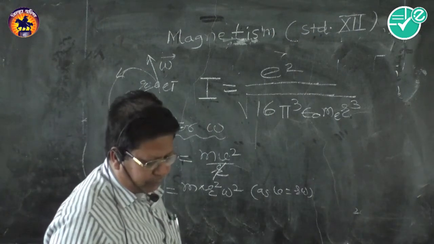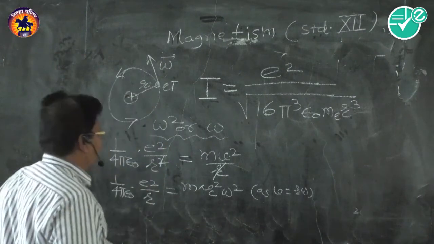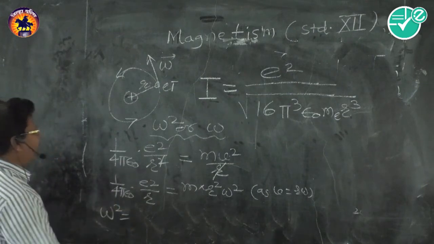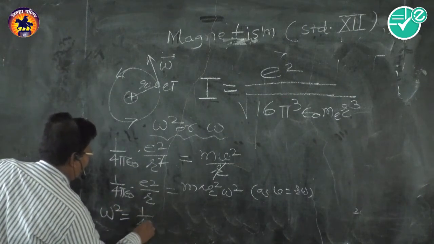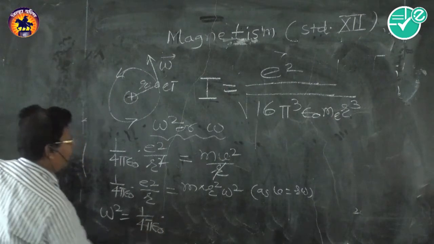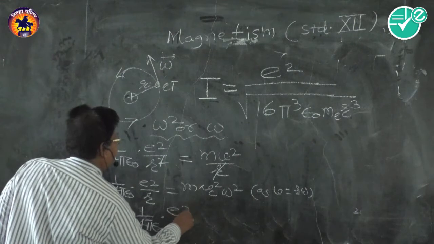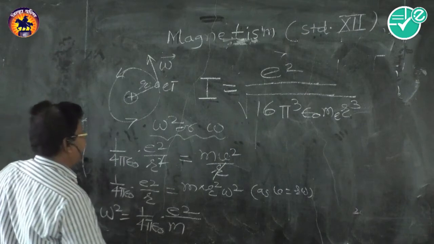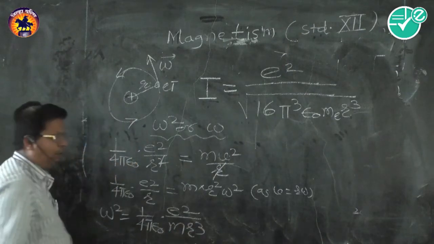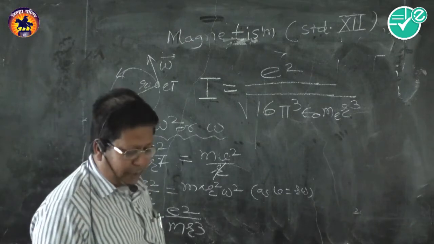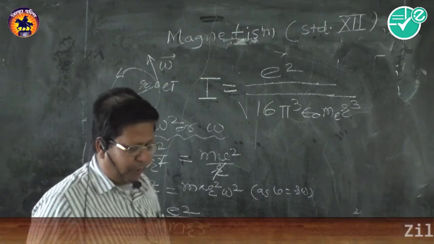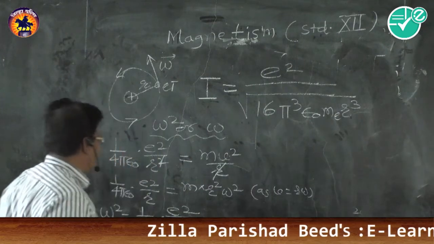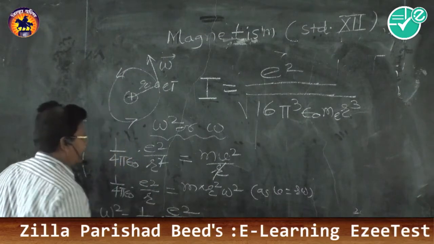And after solving this, we get omega square is equal to 1 upon 4 pi epsilon 0 into e square divided by m into r cube. So this is the value of omega square, which is equal to e square divided by 4 pi epsilon 0 m into r cube.